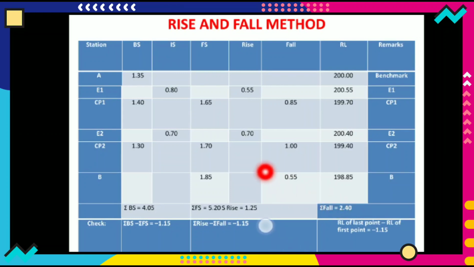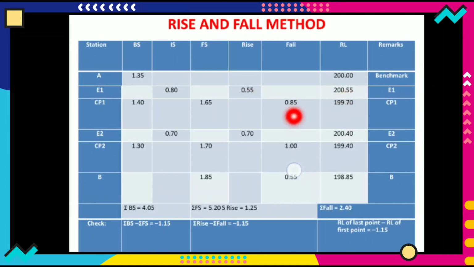Okay, then how do we calculate the reduced level of points? The first point is A, whose elevation is known to you, 200, that is your benchmark. So rise is added and fall is subtracted. So 200, then the reading is rise plus, so 200 plus 0.55 is equal to 200.55.